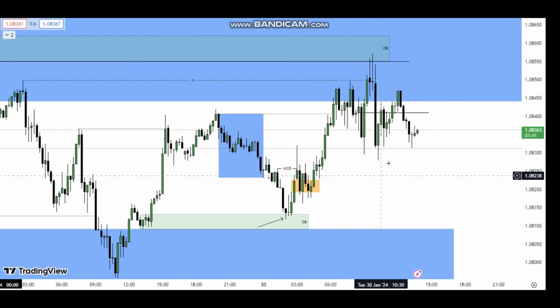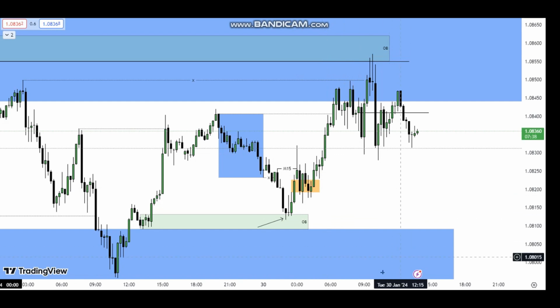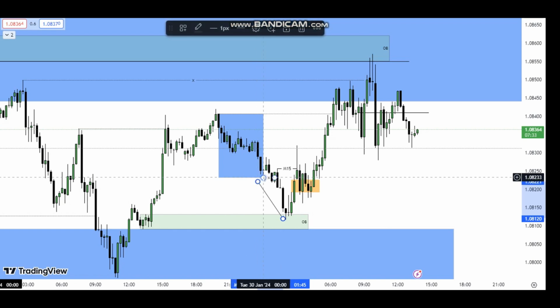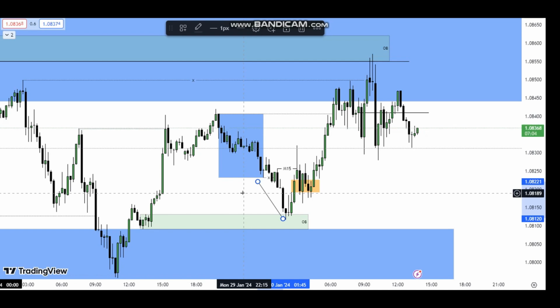But the objective, let's just say for today, was that we first took out sell side liquidity, which means the stop losses that were sitting underneath the Asian low. That is liquidity, which means it's the money that the guys who were selling were collecting. From my perspective, what I'm understanding from that concept is that sell side liquidity is just money sitting as stop losses which were initiated for buy orders.